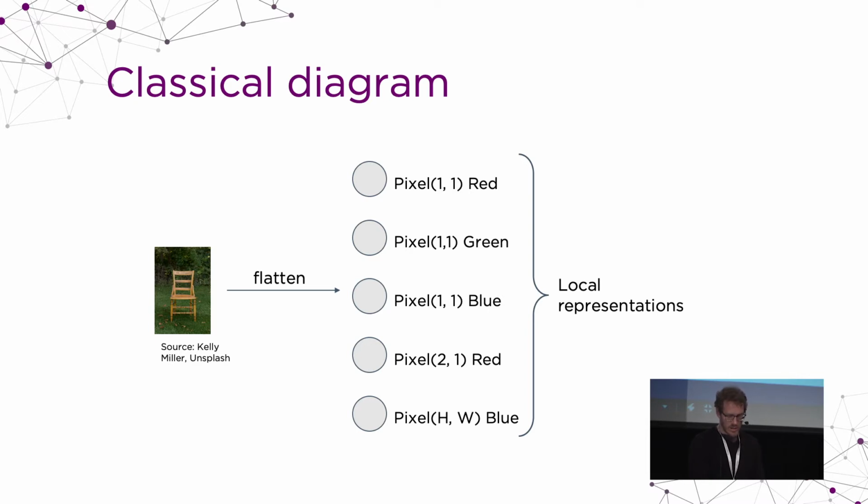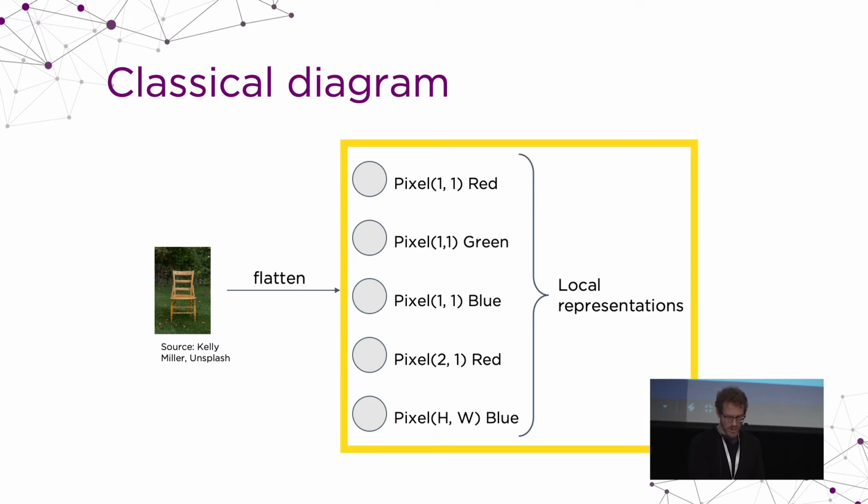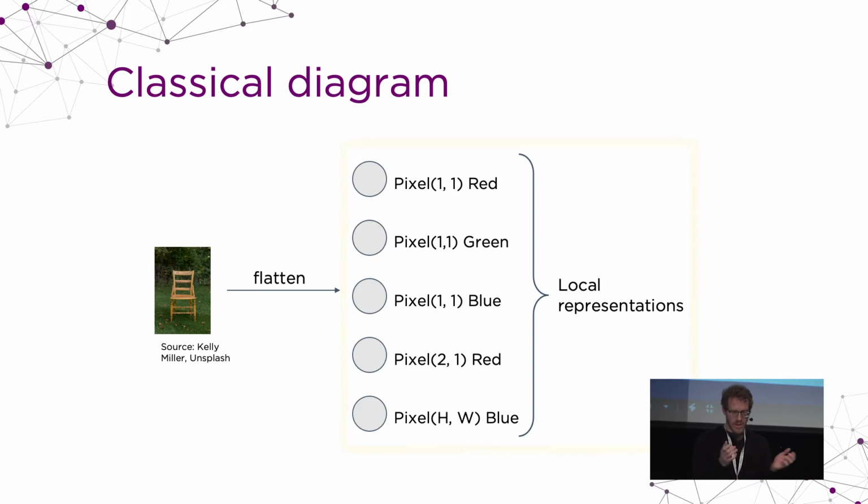To flatten this image to a vector, here we have our local representation, and the local representation would be in a vector, and here I have an image that is a tensor, something that has 3 dimensions: the height, the width, and the number of channels. So to flatten this image, I will fix an order to iterate over the pixel intensities.